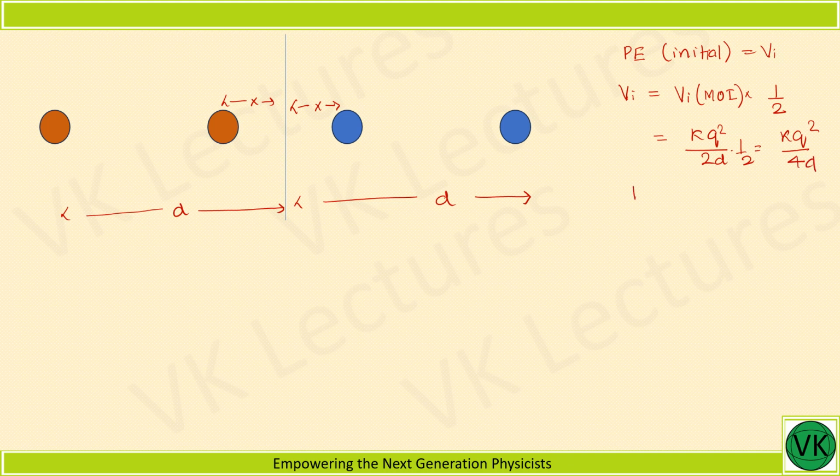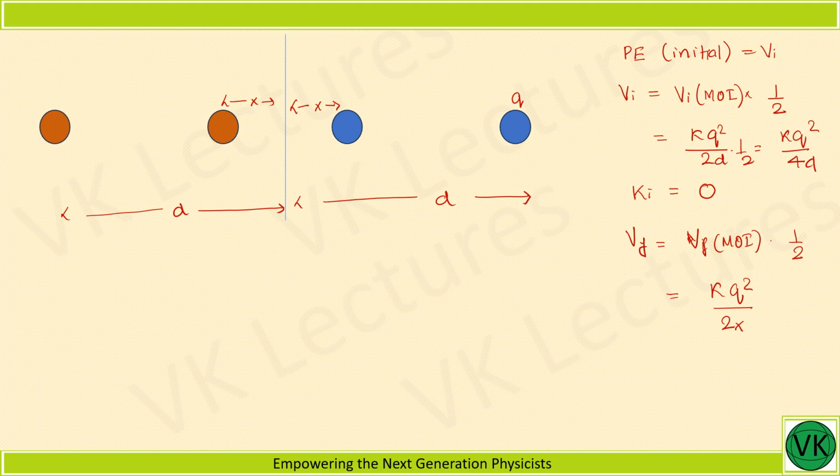Now the kinetic energy, initially the charge q is at rest, so the initial kinetic energy is 0. Now Vf, the final, Vf by method of images into 1 by 2, so that's equal to kq square by 2 times x.